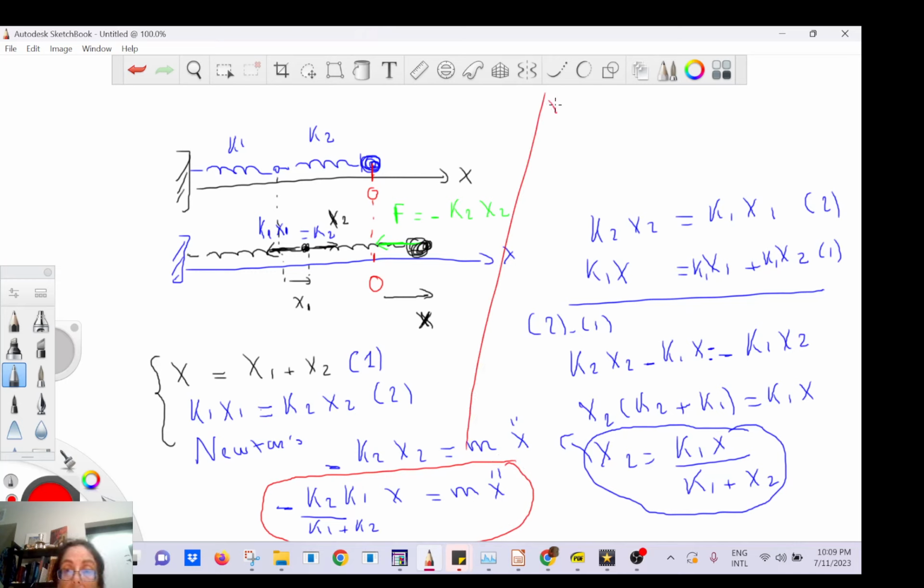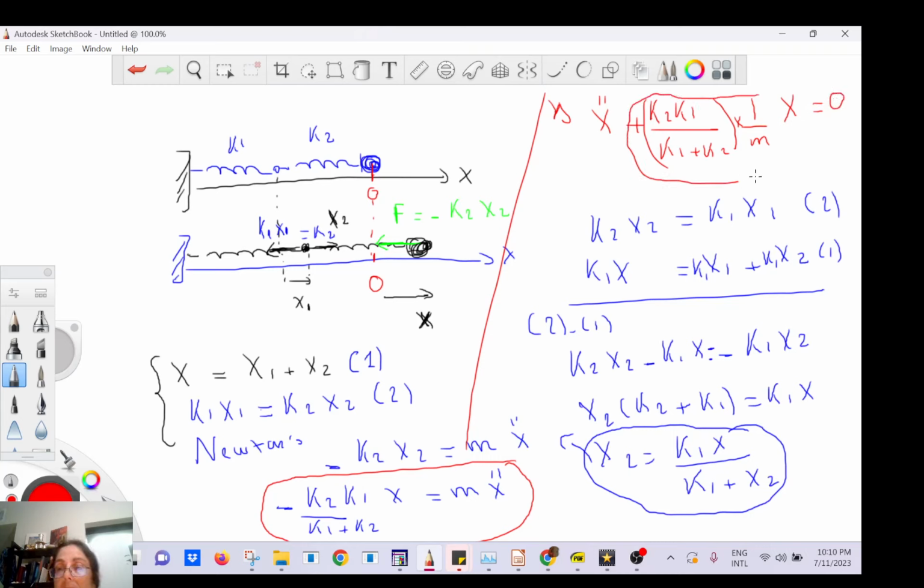So you have x double dot plus K2 K1 over K1 plus K2, divided by m, x equals 0.